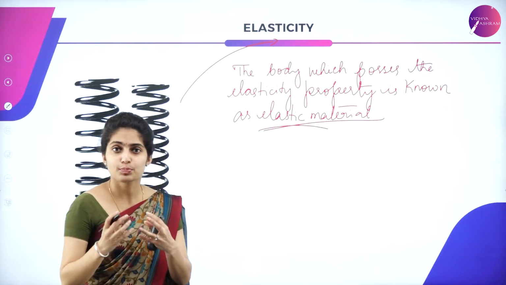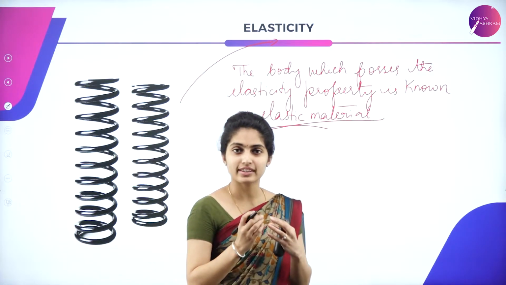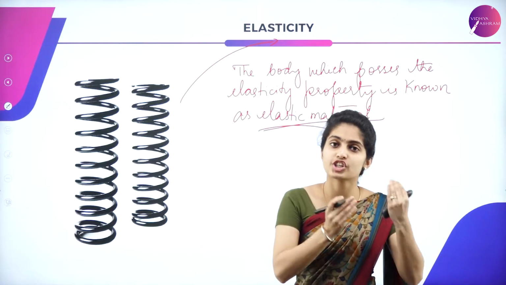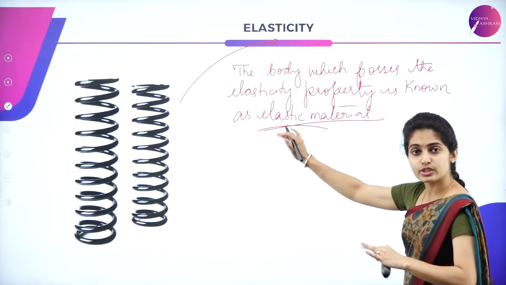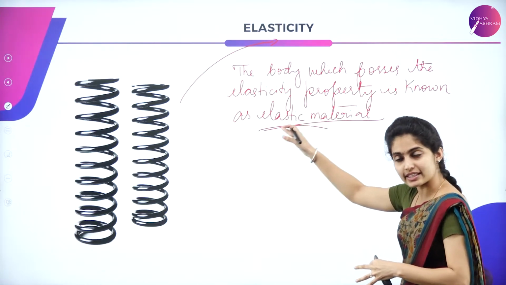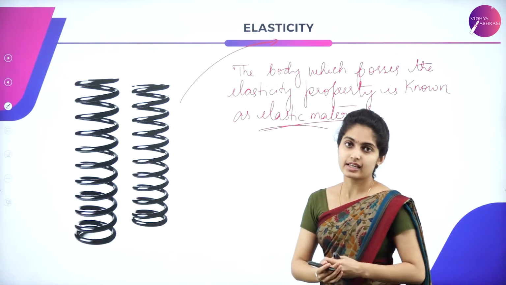The body which possesses such kind of a property, that is regaining its original position after deformation, that property which is possessed by certain bodies is said to be a elastic material.